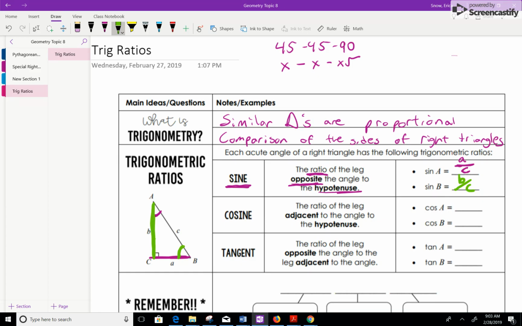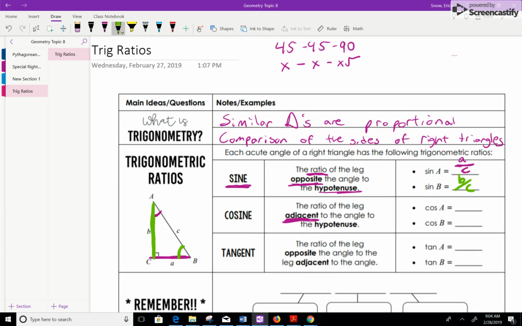Now, I have labeled the opposite sides with the color that corresponds to that angle. The adjacent sides are the sides that actually touch the angle. So in this case, our adjacent sides are in opposite colors.